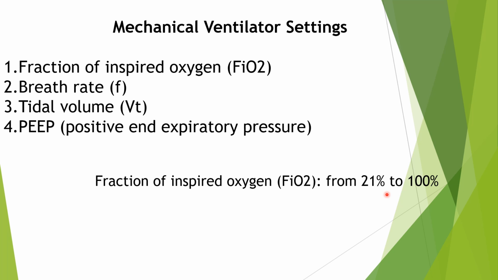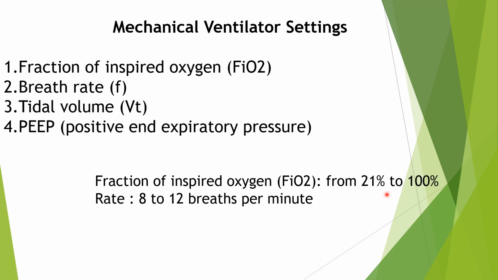So fraction of inspired oxygen, that means the amount of oxygen the patient receives via mechanical ventilator, we can set from 21% to 100%. When the patient is immediately on the ventilator, we feel like more hypoxia is there. First you need to start with 100%, and as the ABG value gets better, we need to reduce the fraction of inspired oxygen. Second one is the rate.